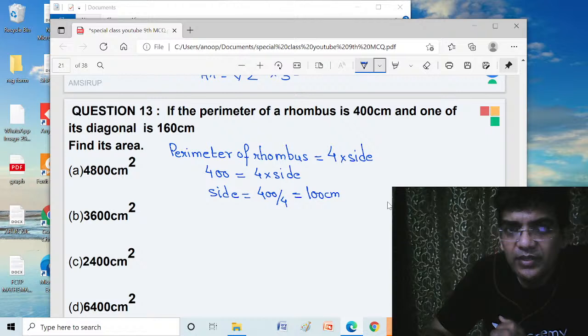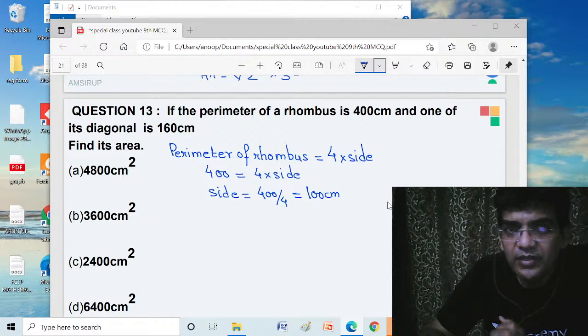Okay, moving on to the next one. Okay, so here we have the question. Now in this question they have asked us to find the area of the quadrilateral.